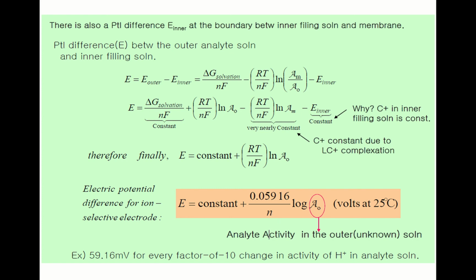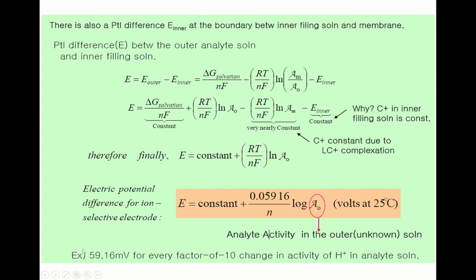For monovalent ions like potassium and sodium, or even anions for the ion selective electrode, chloride or nitrate, n equals 1. For divalent ions like calcium, maybe barium, or sulfate ions, n equals 2.